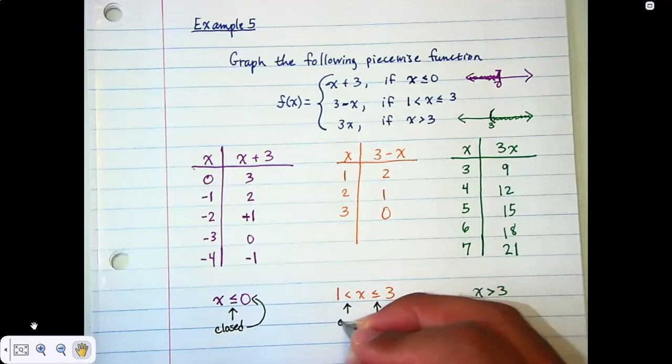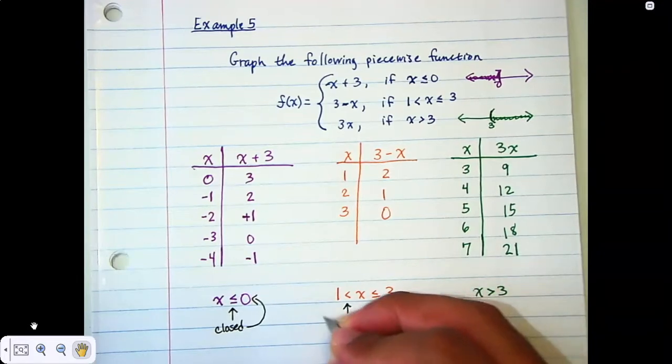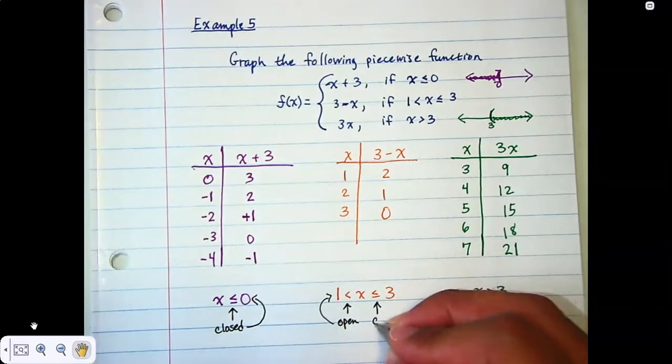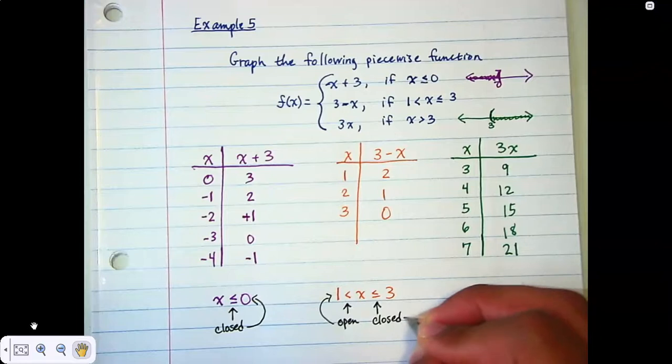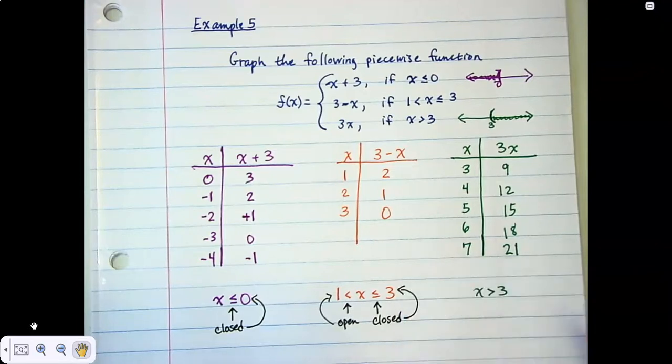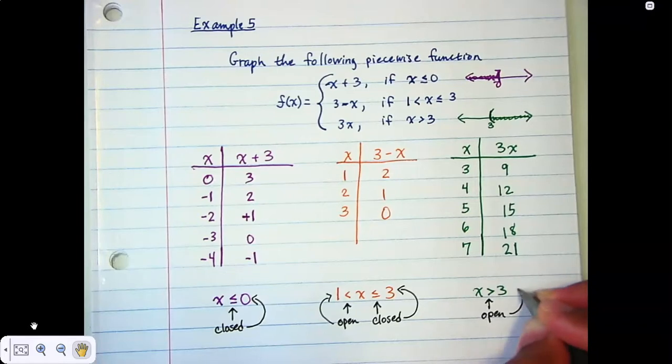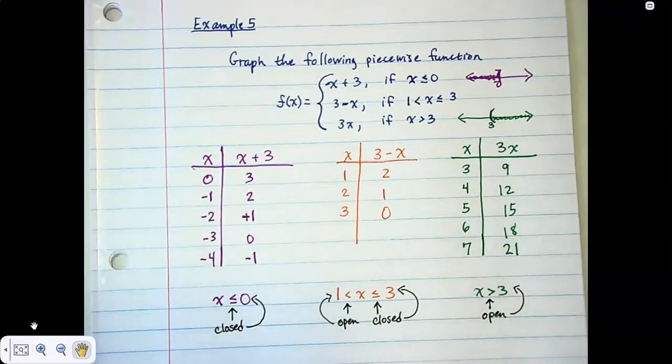The first one doesn't have an equal to sign, so it's open. So 1 is an open circle. Here, this is a closed circle because there's an equal to sign there. And then here, another one's just a greater than symbol, which is open, because it does not have the equal to sign.